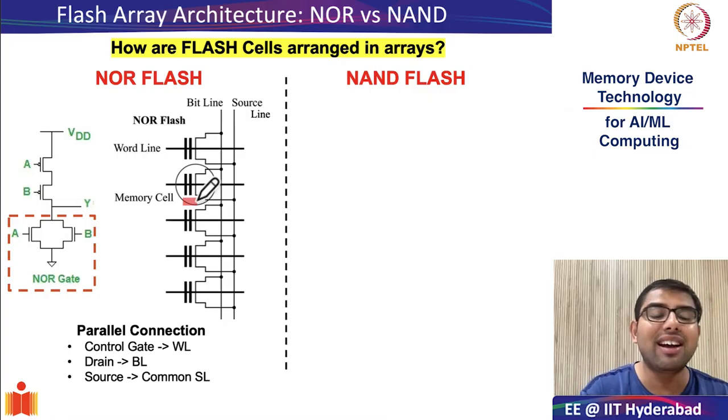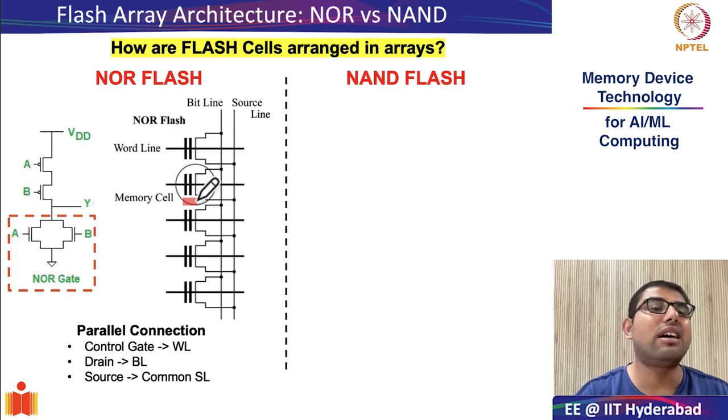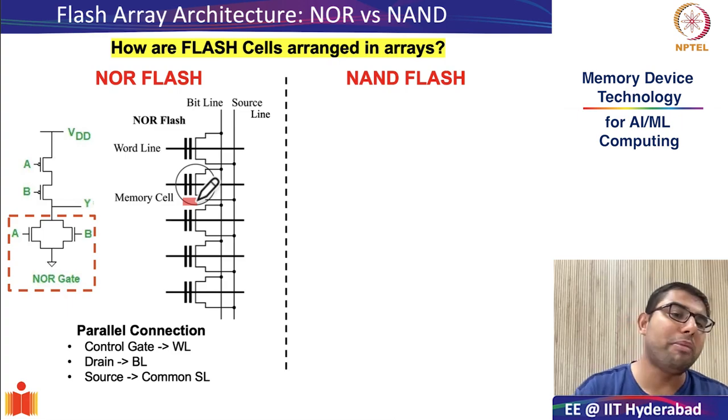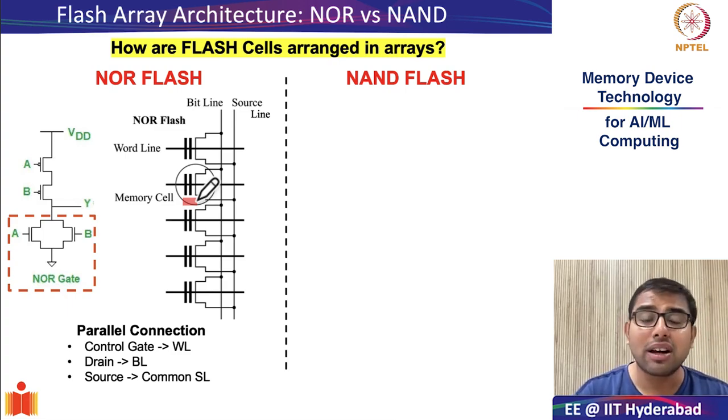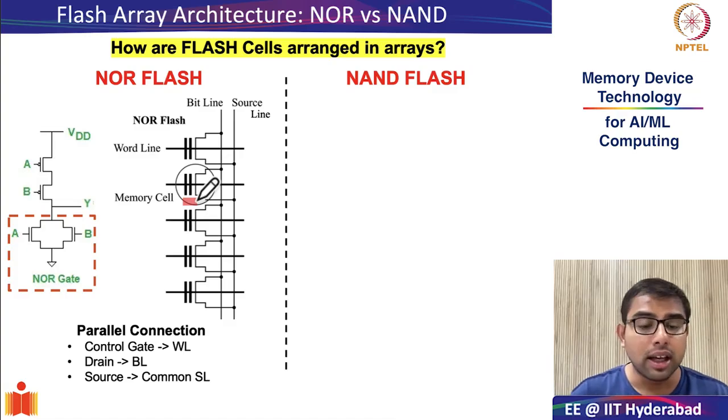So these two vertical lines indicate that the normal transistor's gate stack has been modified and converted into a flash cell or a memory cell. So this is a schematic that we should all be familiar with. With this, let's move on to the NAND flash cell.